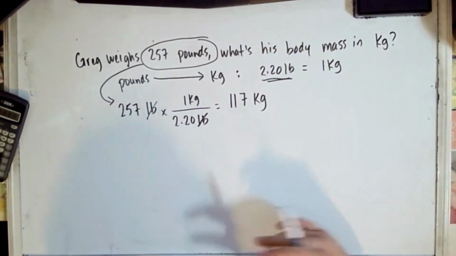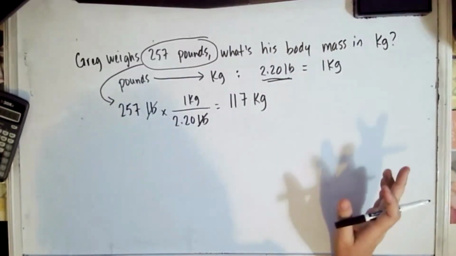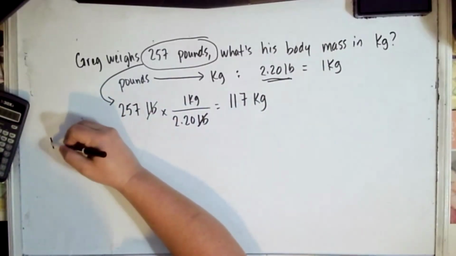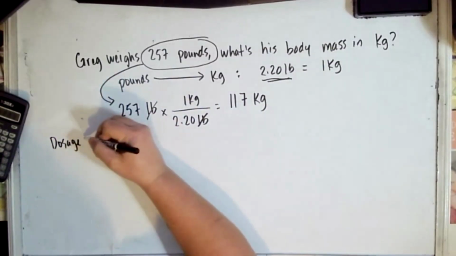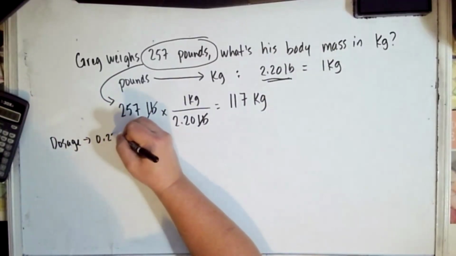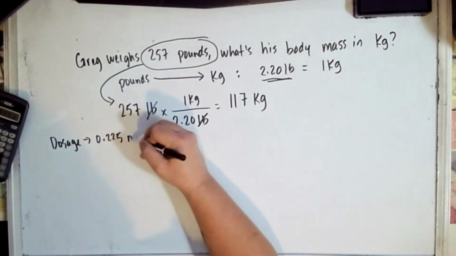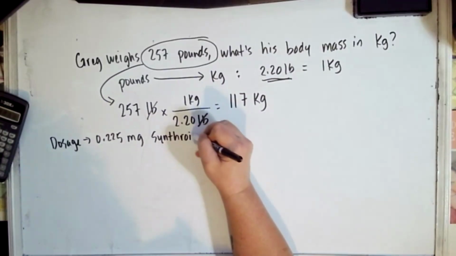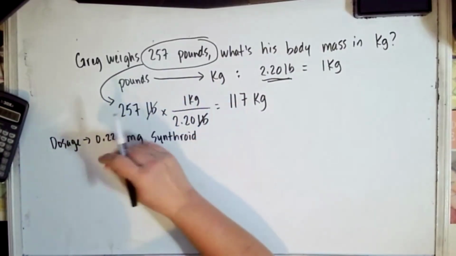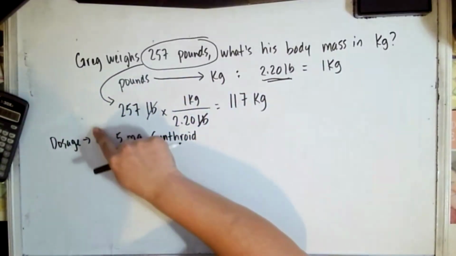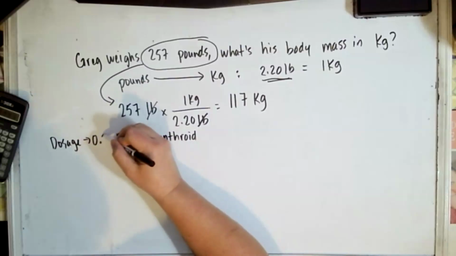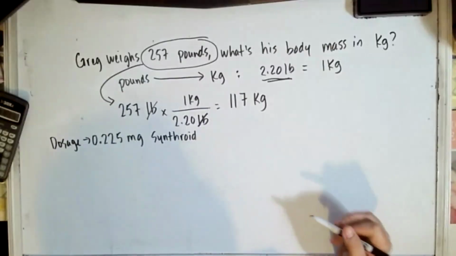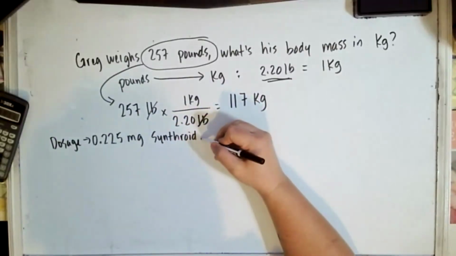Next question. Greg has been diagnosed with diminished thyroid function. His doctor prescribes a dosage of 0.225 milligrams of Synthroid, to be taken once a day.